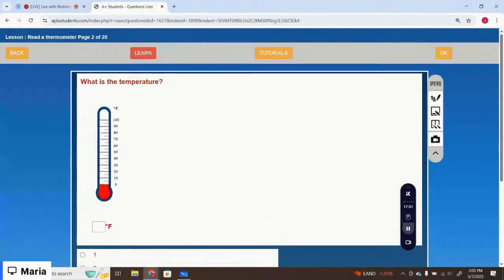Also, you guys noticed when you have a fever, you are sick, you go to the doctor, right? He checks your body temperature using the thermometer, right?